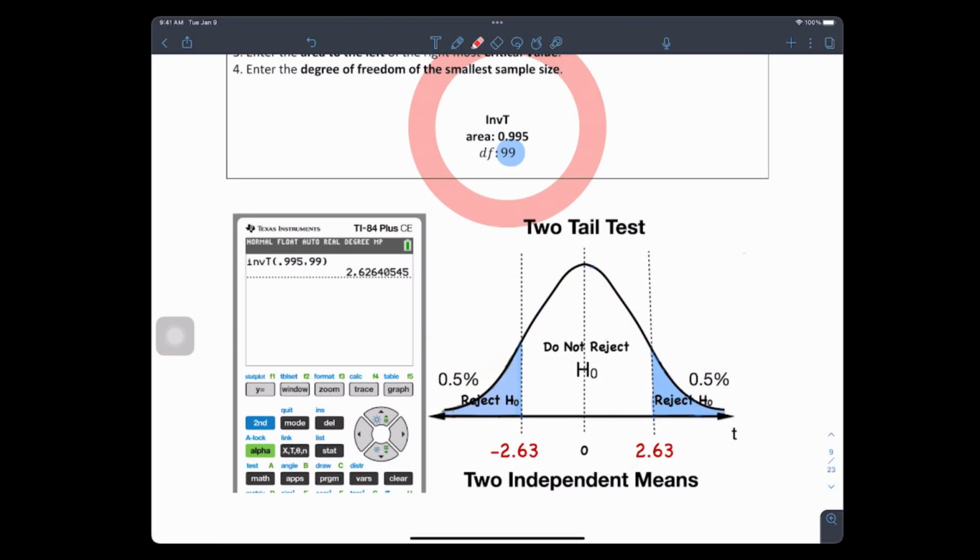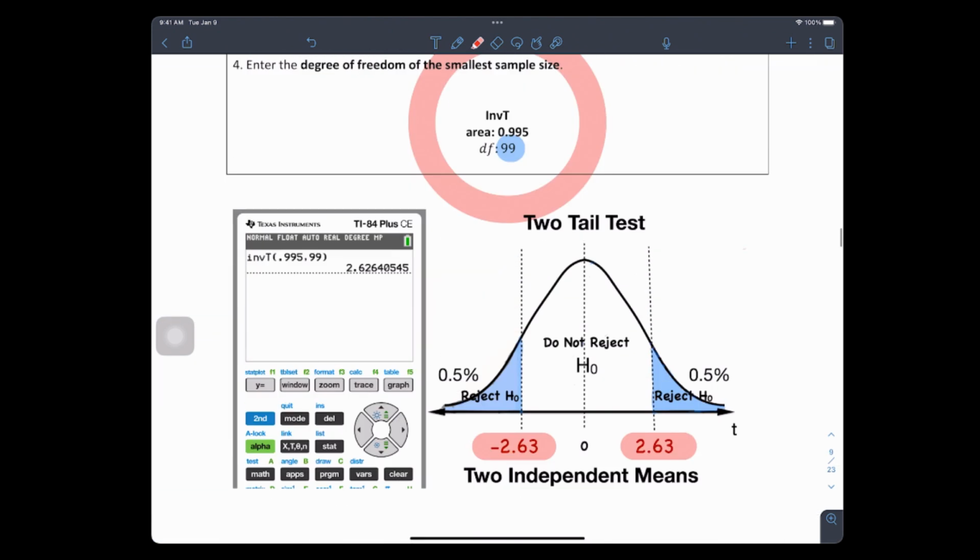What did I put here for critical values? 2.63 and what? Minus 2.63. So your notes verify what this is. Anyway, inverse T, it's probably the hardest one to do, but whatever. Area to the left of the rightmost critical value. Boy.